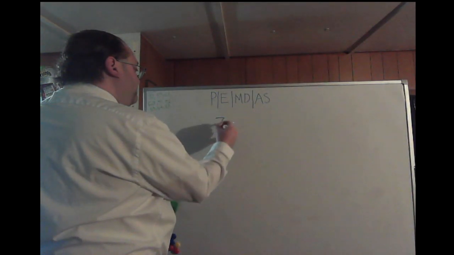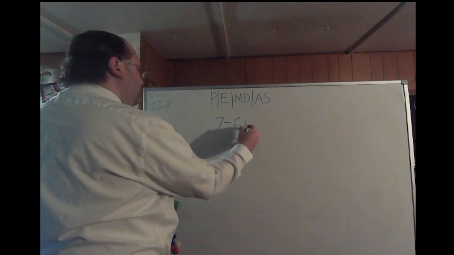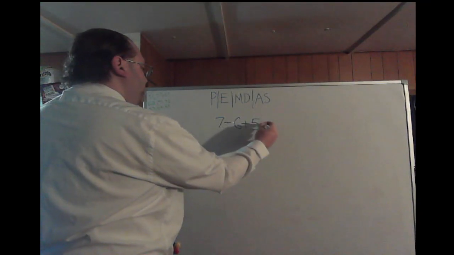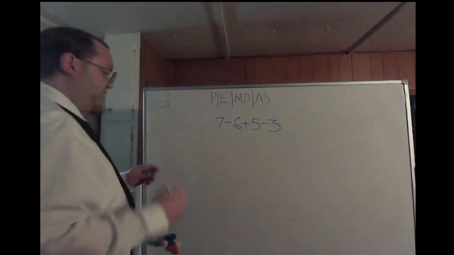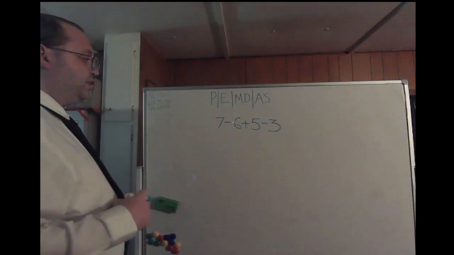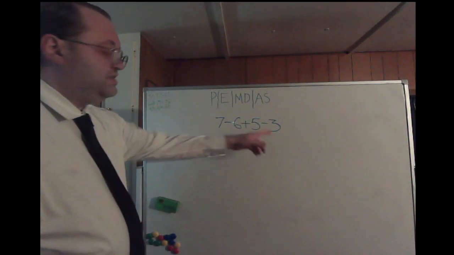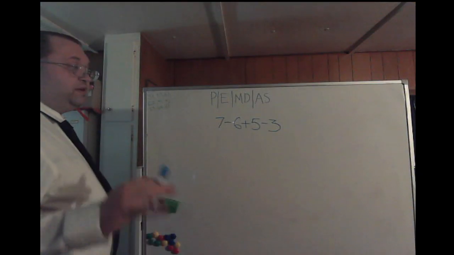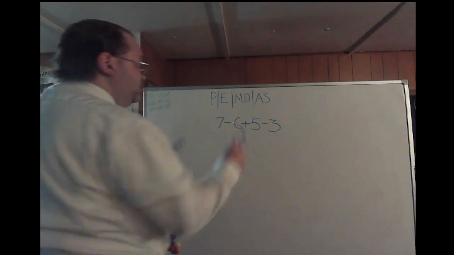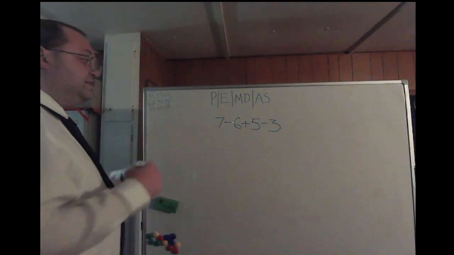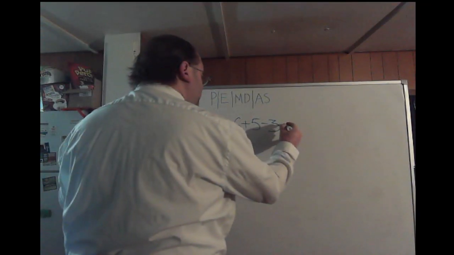Now let's prove that addition and subtraction have the same priority. You have 7 minus 6 plus 5 minus 3. It has also been erroneously taught that you have to do the addition before the subtraction. That's not so. They have the same priority.